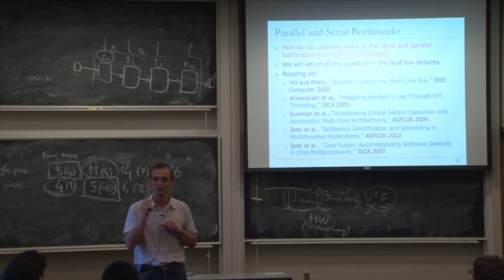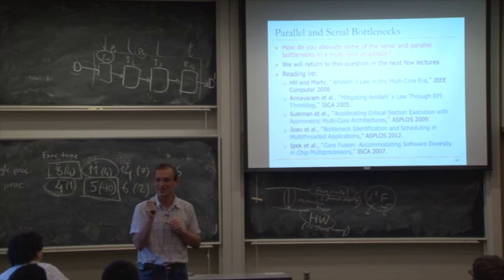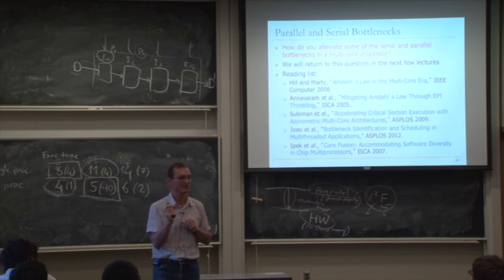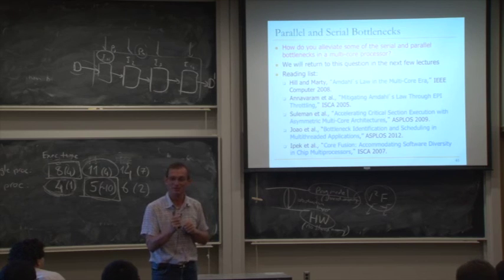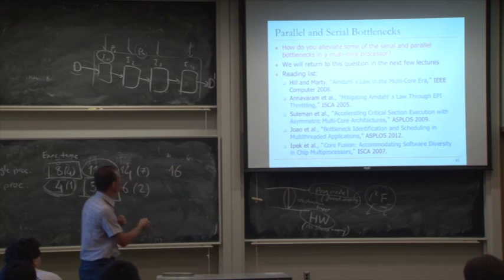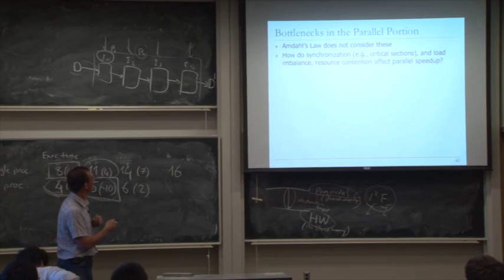Now you're relying on the programmer to minimize that serial part, because your machine is not doing anything about that serial part, right? If your machine is doing something about that serial part, your programmer's life gets easier. And these papers talk about that. And I'd recommend you to look at that.